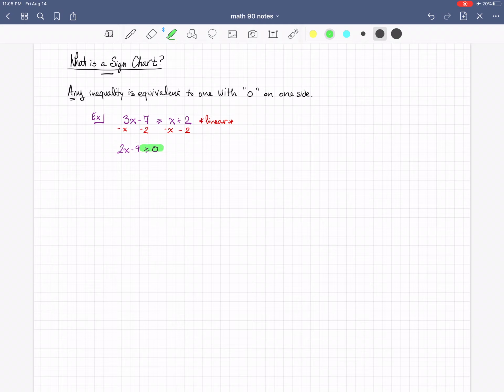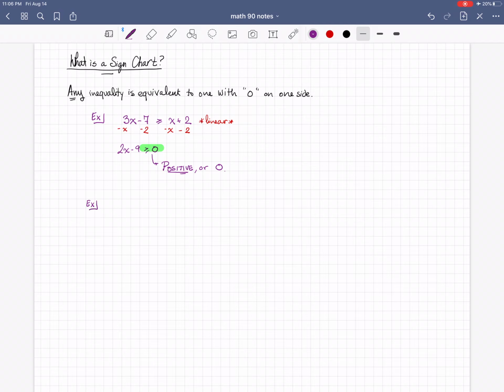Greater than or equal to 0. Another way to say that is positive or 0. I'm going to leave that there for right now, and we'll look at another example.